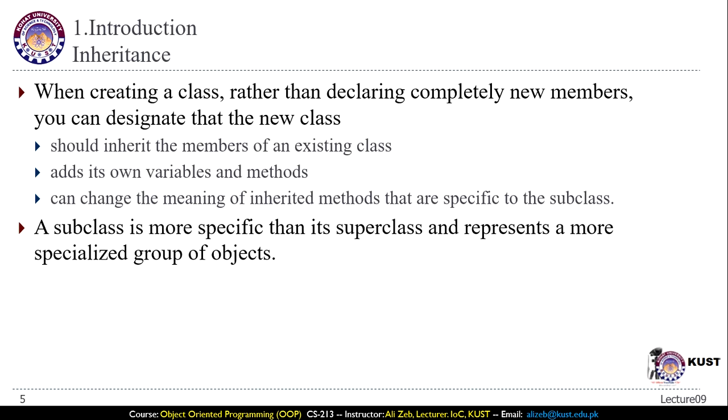As we saw in the example, a subclass is more specific than its superclass and represents a more specialized group of objects. So let's say a person can be an example of anybody that has a name, anybody in the world, all humans can be categorized into the person class.